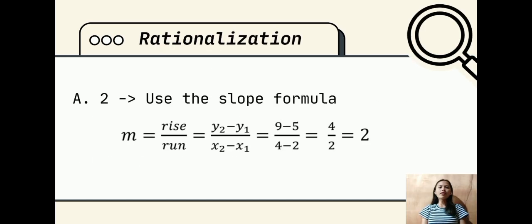The correct answer is letter A, 2. Using the slope formula, m = rise over run = (y2 - y1) over (x2 - x1). Substitute: (9 - 5) over (4 - 2) = 4 over 2. 4 divided by 2 is equal to 2.